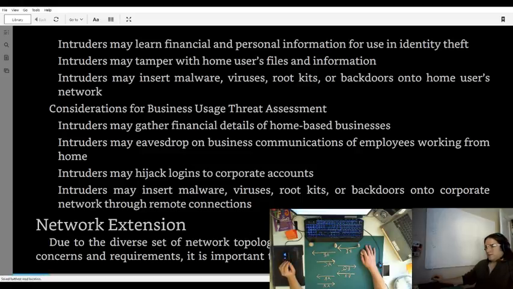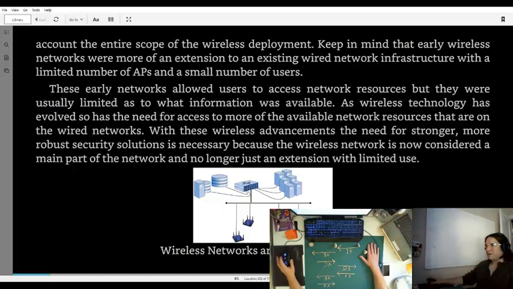Network extensions. Due to the diverse set of network topologies, each with their own unique security concerns and requirements, it is important that a wireless security designer take into account the entire scope of the wireless deployment.